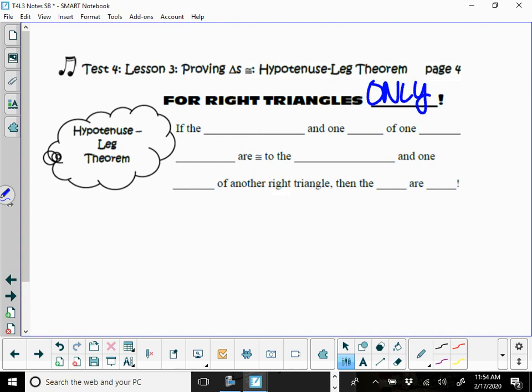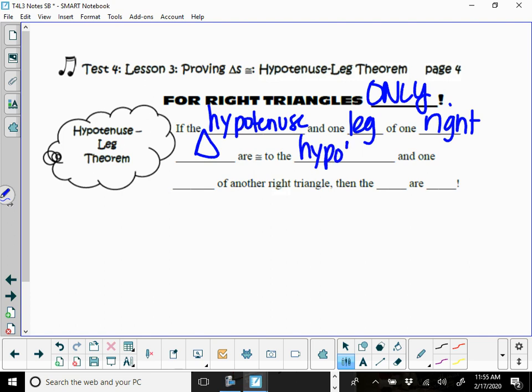If the hypotenuse and one leg of one right triangle are congruent to the hypotenuse and one leg of another right triangle, then the triangles are congruent.